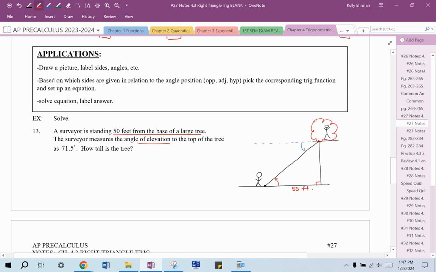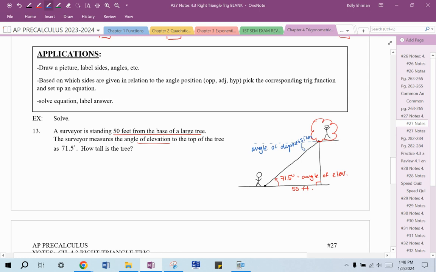So an angle of elevation is always from the horizontal. So this is 71.5 degrees. This is an angle of elevation. And something I want you to notice is that if there were a person in a little tree house up here, and they were looking down, that's called an angle of depression, because you're looking down.